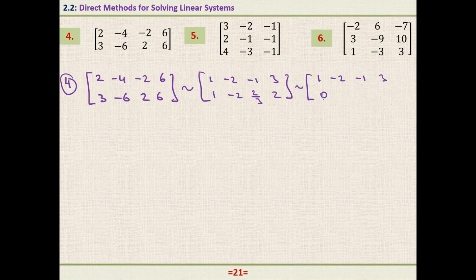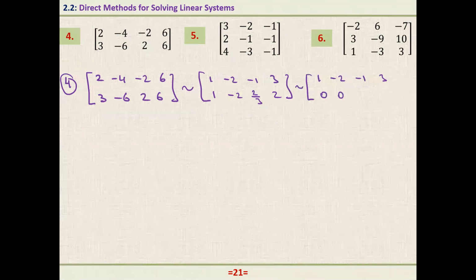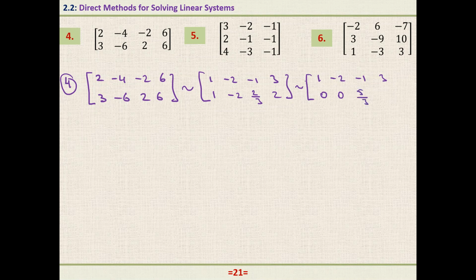So negative 1 times negative 2, it is 2 plus negative 2, that's equal to 0. Here we have negative 1, it is 1, 1 plus 2 over 3, that is 5 over 3. And here we have multiplied by negative 1, negative 3 plus 2, that is negative 1.